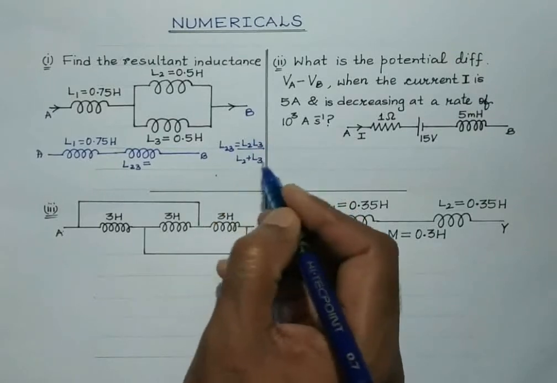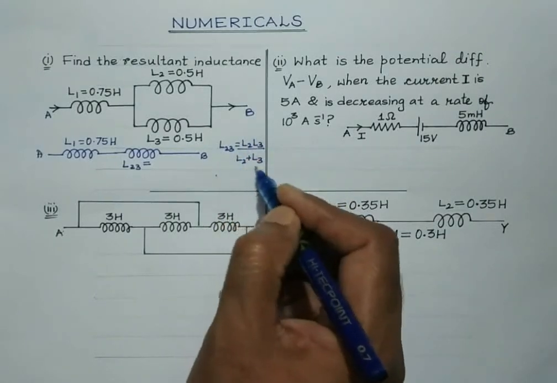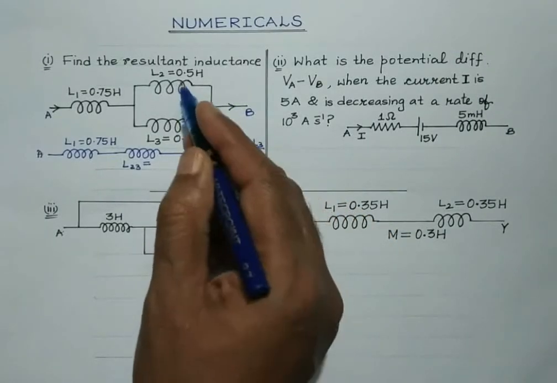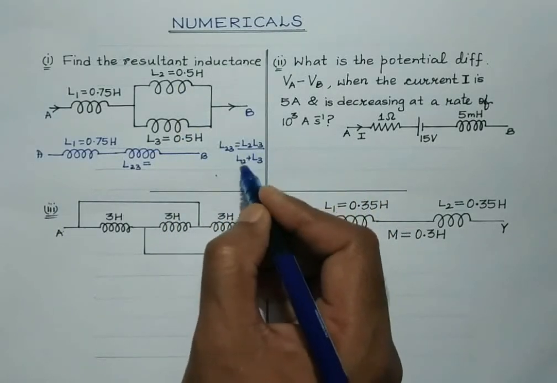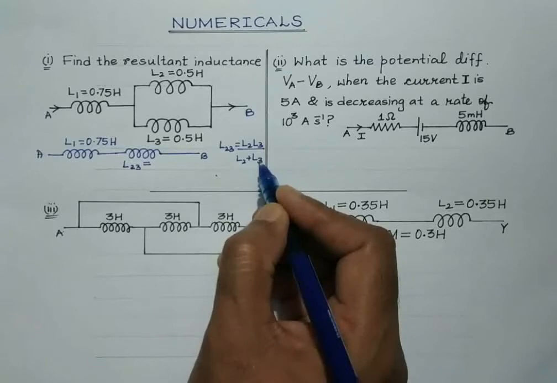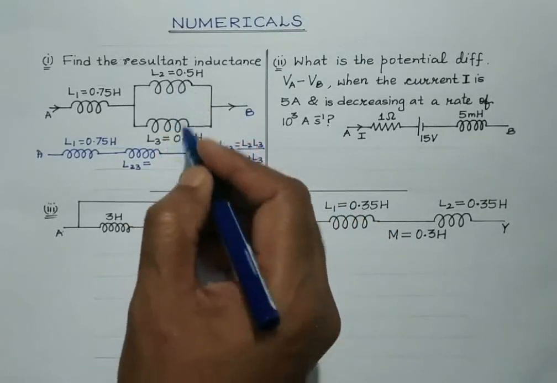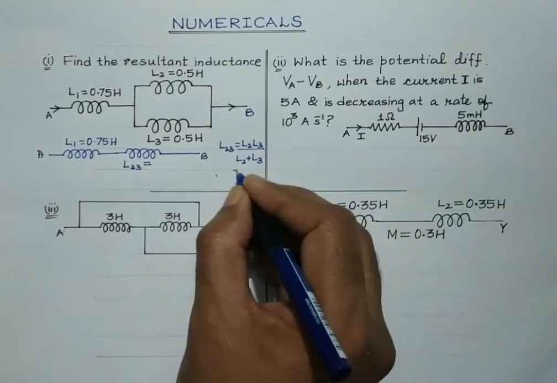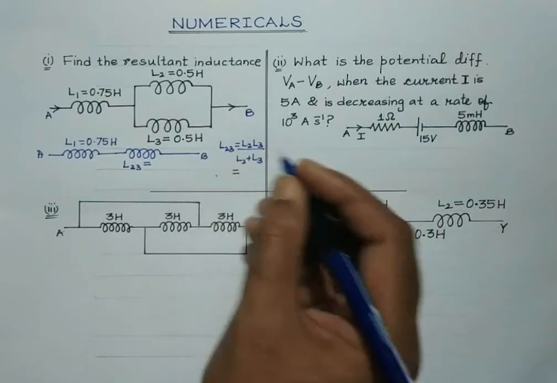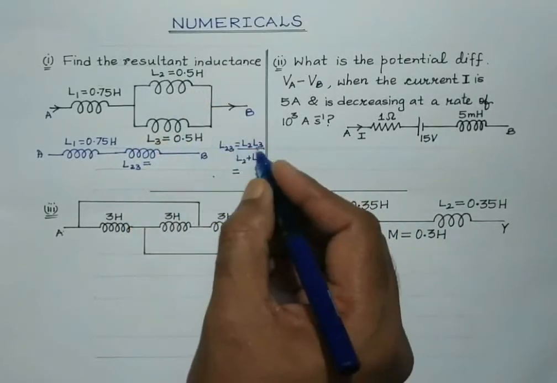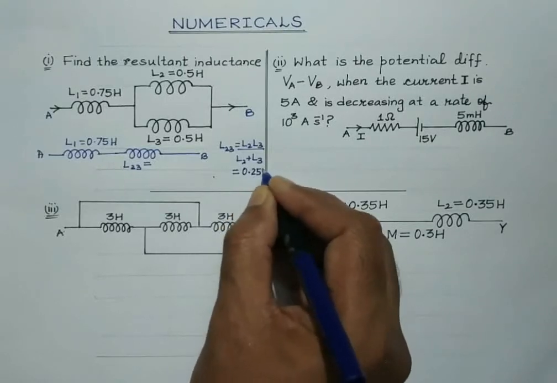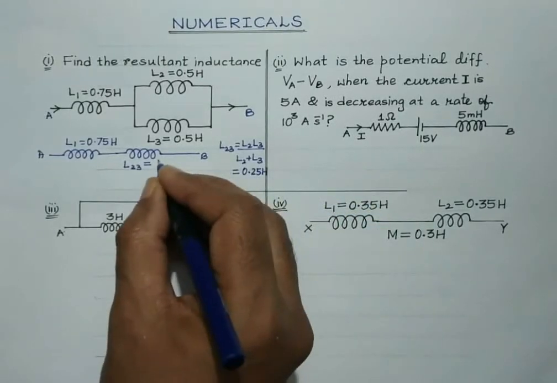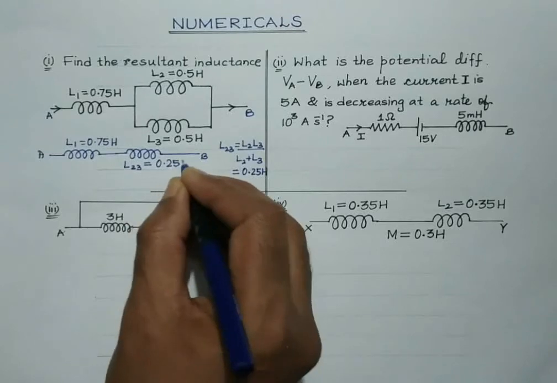So this formula is to be used so as to find out the effective inductance of these two coils connected in parallel. So 0.5 into 0.5 divided by 0.5 plus 0.5. These two are the same, so it will be half of these two. Substitute the value of L2 and L3 each as 0.5, and you will get 0.25 Henry.